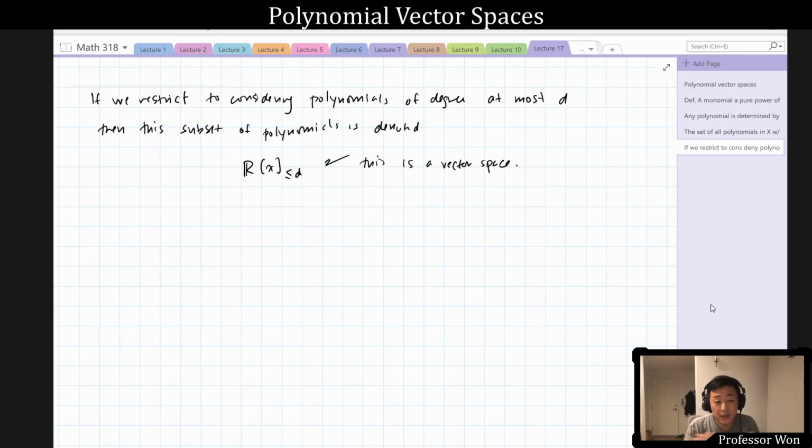Same thing if you scalar multiply: you either have the same degree, or if you scalar multiply by 0, then you go to degree negative infinity. Regardless, you always end up with a polynomial of degree less than or equal to d. Scalar multiplying doesn't increase the degree of a polynomial. And so this is a vector subspace of R adjoin x, right? And it has a finite basis.